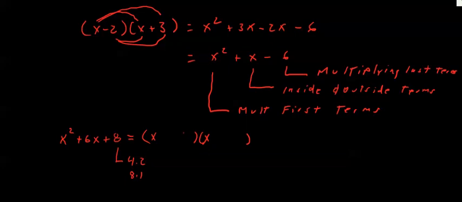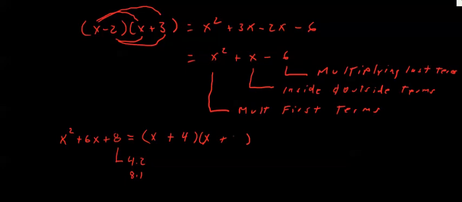So if I put an 8 and a 1 here, we'll have to see about my inside terms. So now I have to check 8x plus 1x is 9x. Doesn't work. So we're going to try 4 and 2.